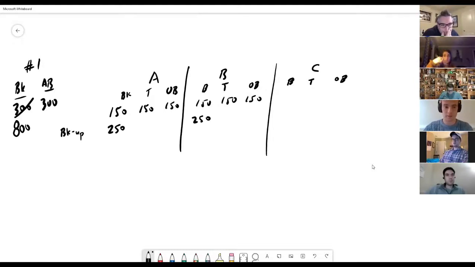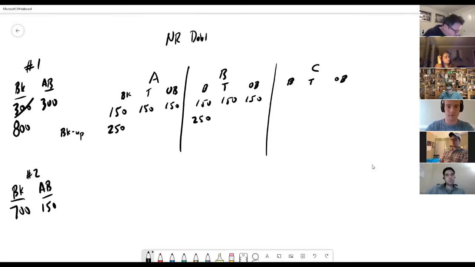Okay, then C comes in and contributes property number 2, and it has a fair market value of 700 and a basis of 150. It's subject to a non-recourse debt of 300.